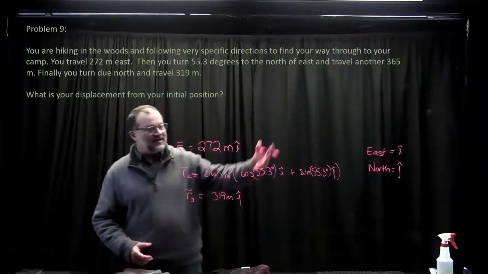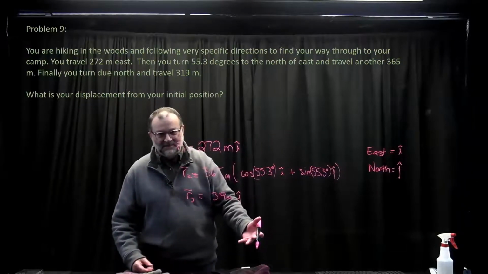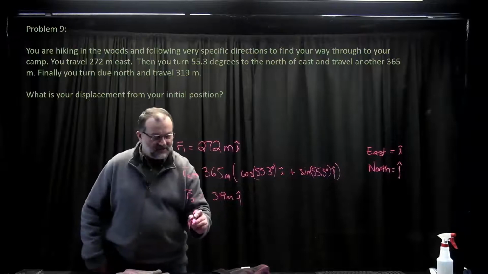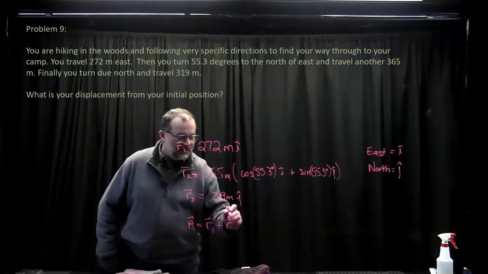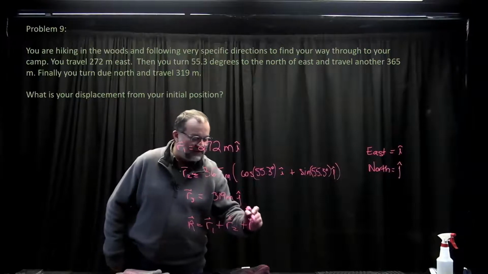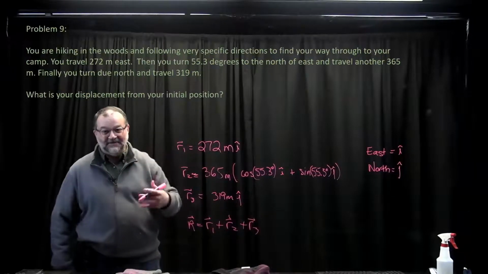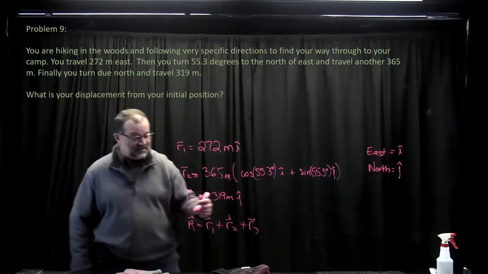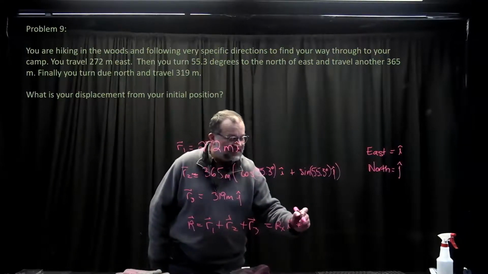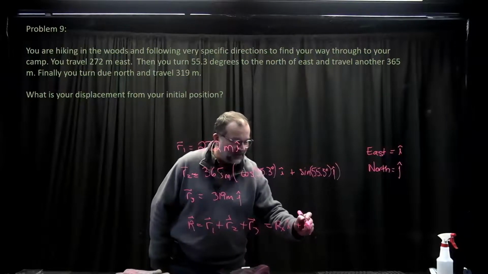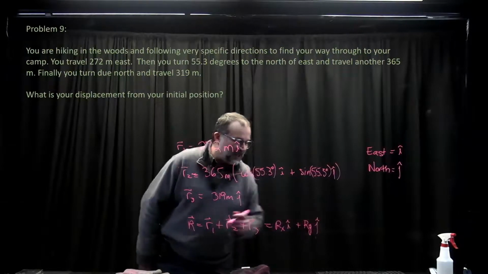you add up all the J pieces, that gives you your final vector R, which is R1 plus R2 plus R3. It's going to have 2 components, right? It's going to have an Rx I hat, and it's going to have an Ry J hat.